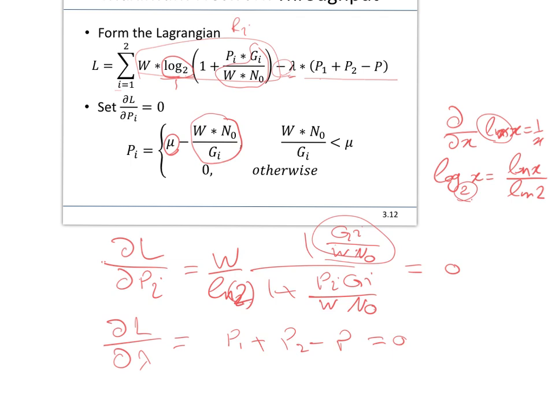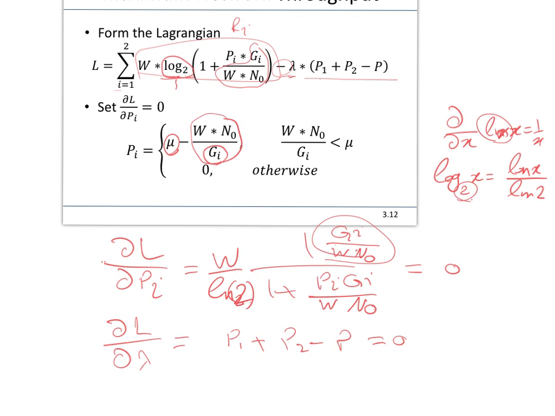We call this algorithm, by the way, water filling. Water filling here talks about the fact that if the user has high gain, then we can give him high power so that we can achieve high rates. If the user has low gain, then this user has a bad channel.